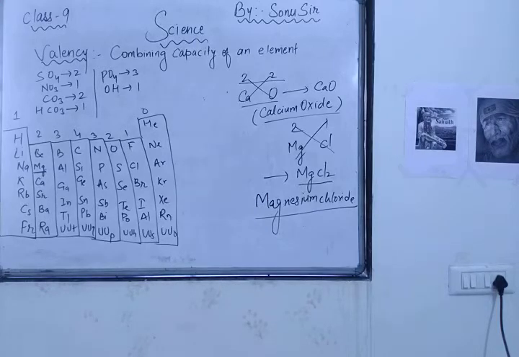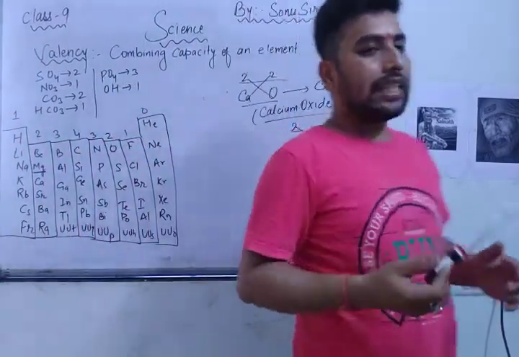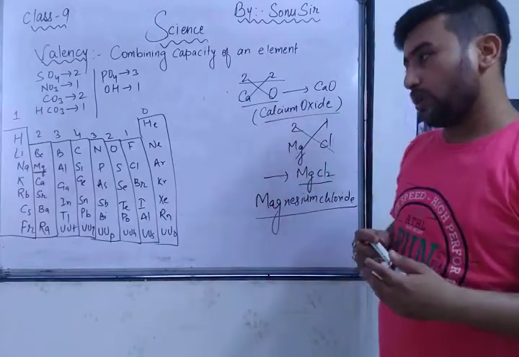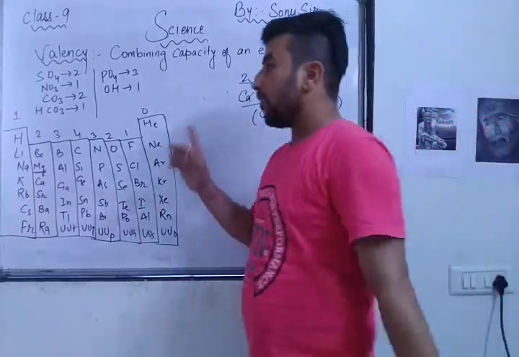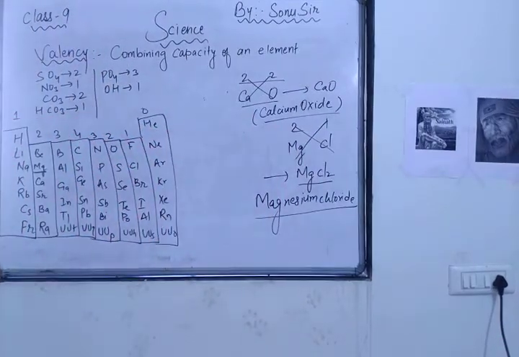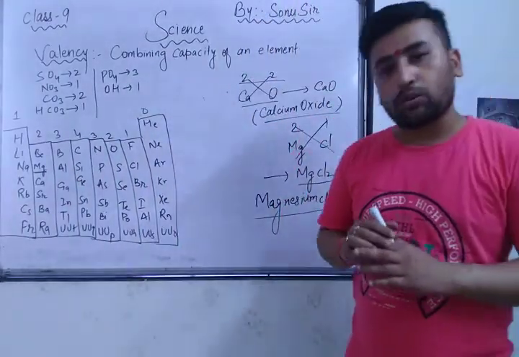Please write all these element names in your notebook, their valencies, and how to make a compound, as I have already shown you earlier.